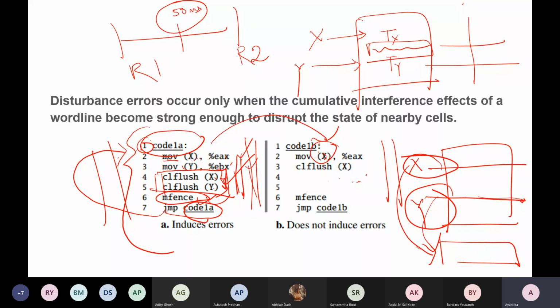But the problem is, whenever you are doing one read operation, this move is a read operation, right? You are also doing a write operation. So when these are two consecutive rows with nothing in between, no one is getting affected, because whenever you read, you write back to this row Y.